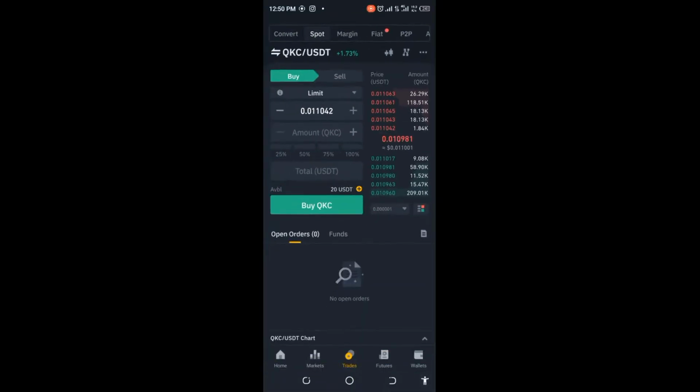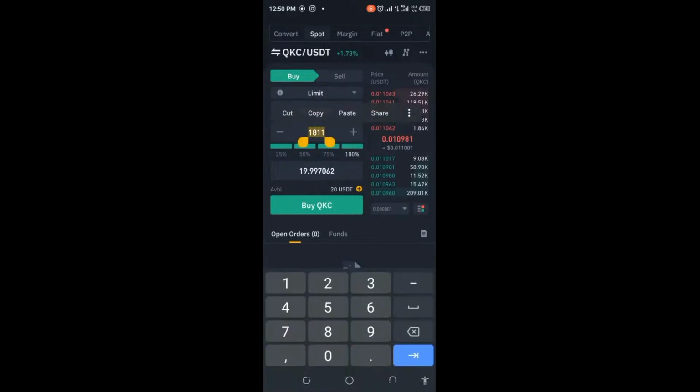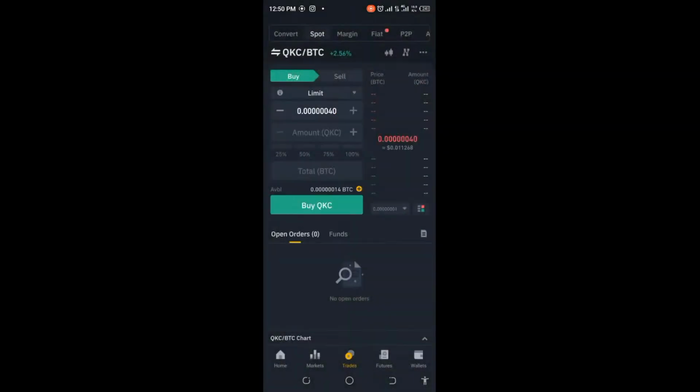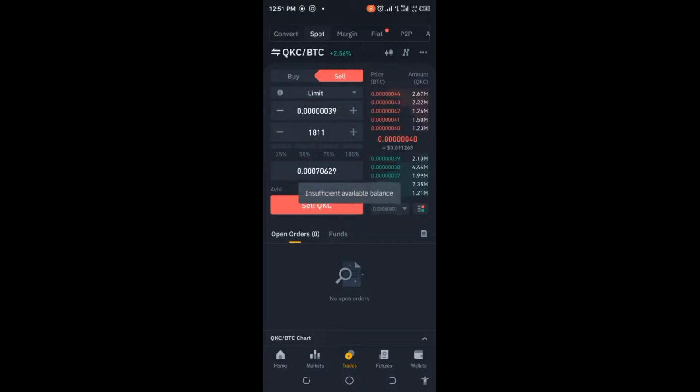I'm just going to pick my first red here, put the 100%, pick out the 1811. I'll also go to BTC side of things and pick out the first green, because don't forget I want to sell. So I'm going to pick out the first green, which is 39, and I'm going to put all my QKC there. What do I get?